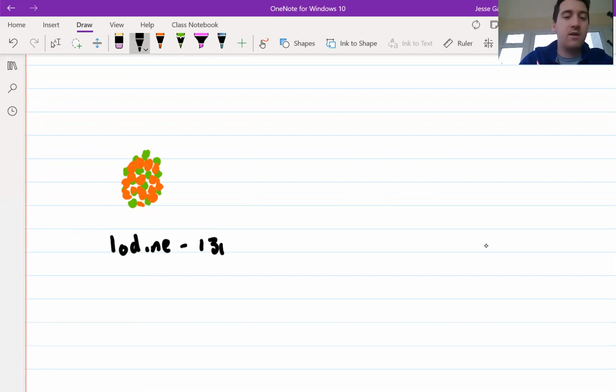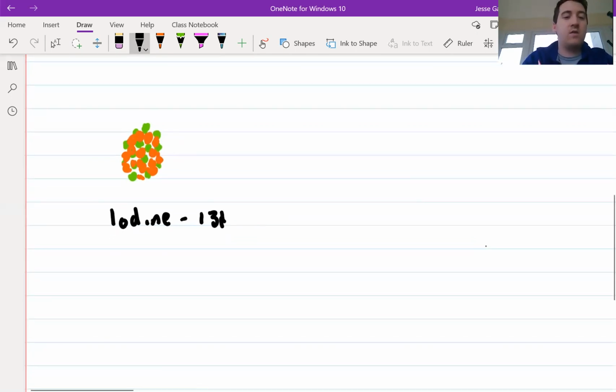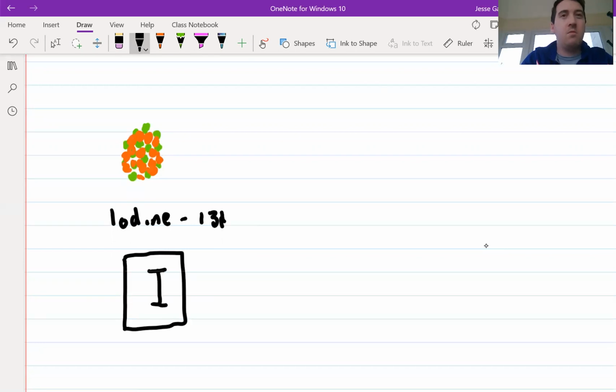This is a radioactive isotope of iodine-131. If we check this out on the periodic table, the symbol for iodine is capital I, and iodine's atomic number is 53. And obviously, if this is iodine-131, then we're talking about the iodine atoms that have a mass of 131.